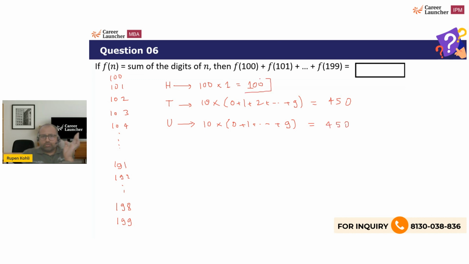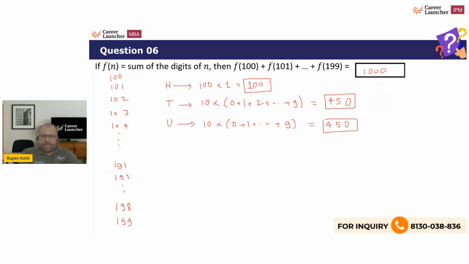And that should be my answer: 100 plus 450 plus 450. That is 900 plus 100, which is 1000, right? Well, that's it. I'm trying to bring across diverse logics. Here we are dealing with just adding up the digits and seeing the pattern, right?